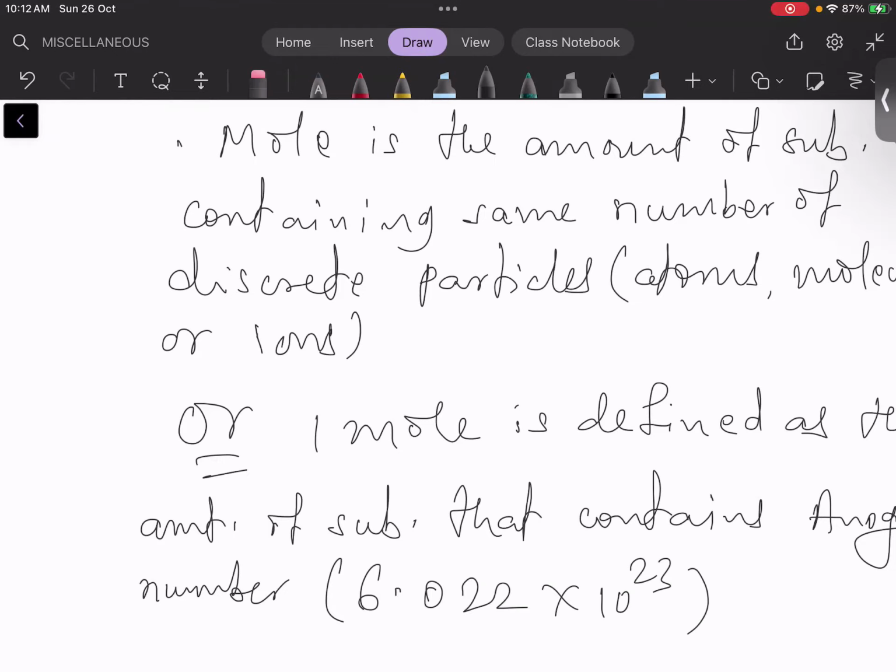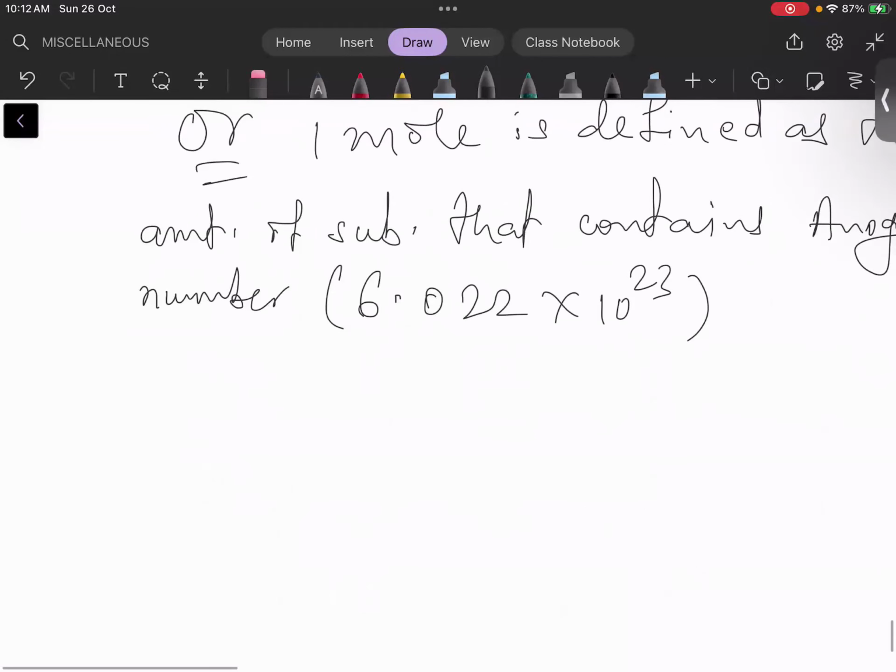Right? Number of moles can be calculated by using the formula: number of moles denoted by small m.